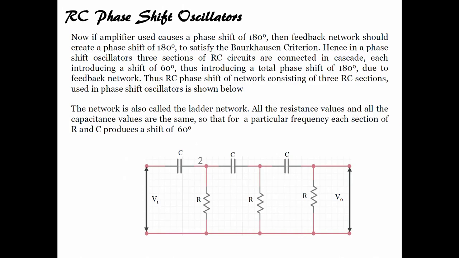If I have feedback, each RC produces 60 degrees, so 3 RC sections will produce 180 degrees. If I have a phase shift of 180 degrees at the output compared to the input signal, and I feed this output back to the RC circuit, I will have another 180 degrees of phase shift. So my total phase shift is 360 degrees or 0 degrees, which will satisfy my Barkhausen criteria.